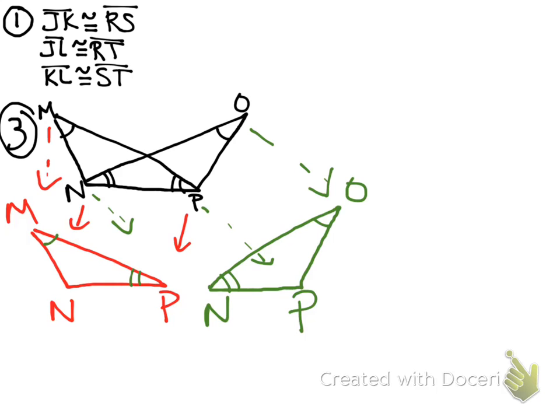What segment was the same when they were together? Yeah, NP. So when you pull them apart, it should still be congruent. So just label N and P as congruent. So again, those are kind of tricky. You're just taking the two triangles, you're peeling them apart, and then telling me what you know.